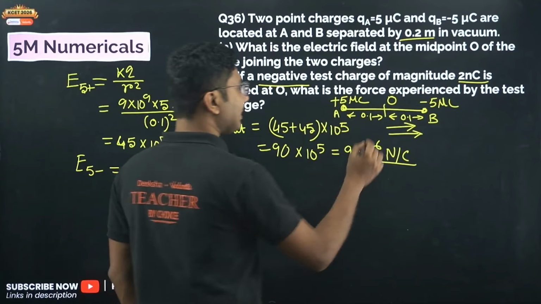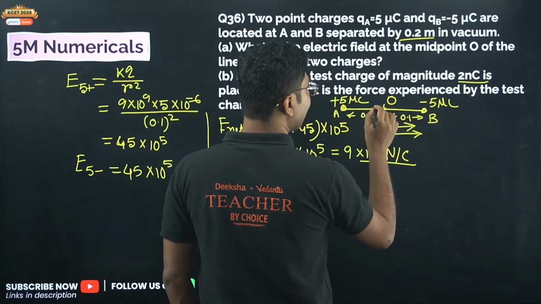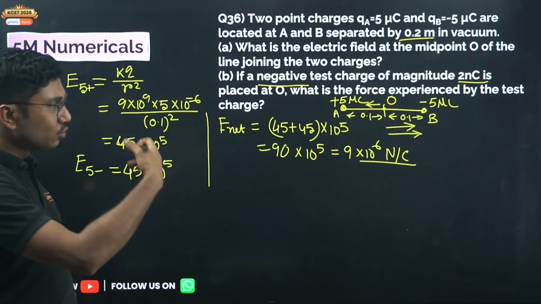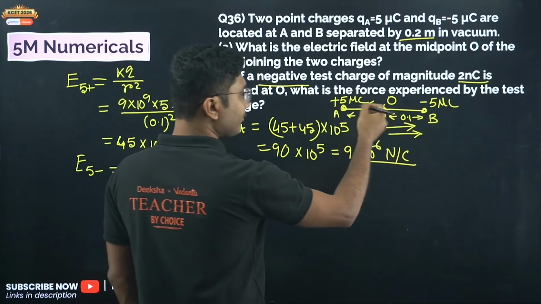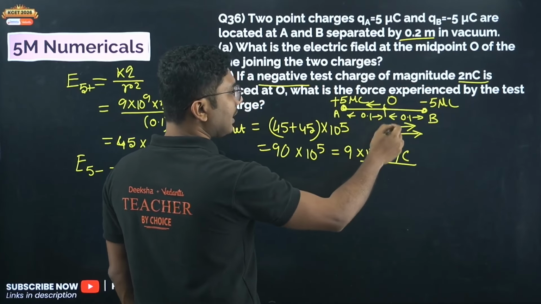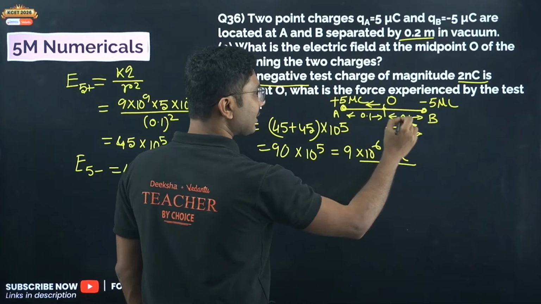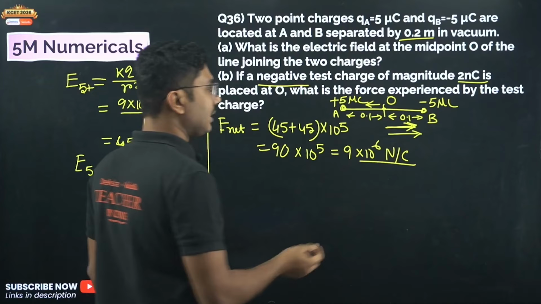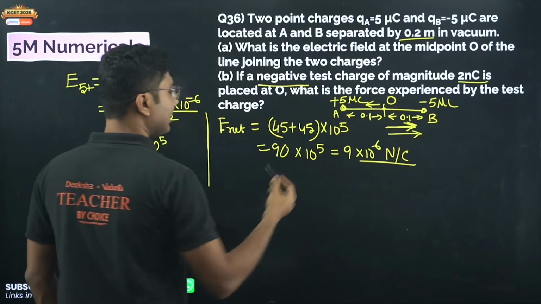If you place a negative test charge over here, it will experience a force opposite to that of the electric field, that is towards A. So the direction is confirmed because it's negative; the net electric field is in this direction. Negative charges always experience a force in the opposite direction of the electric field, that is particularly in this direction.